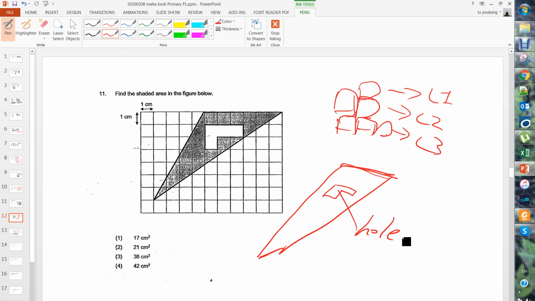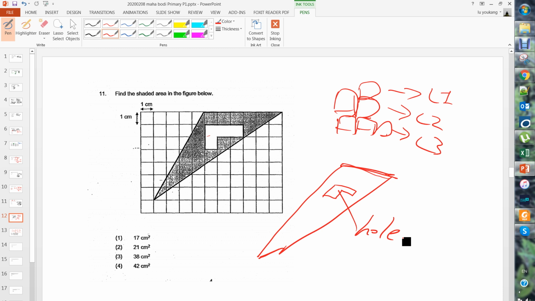So what's the strategy? You know what I mean by strategy, right? Method, yeah. So what's the method? Tell me the method first. Nothing to do with the value.